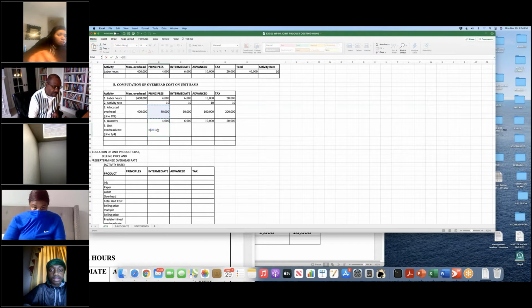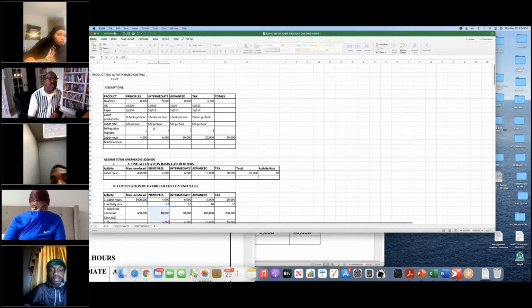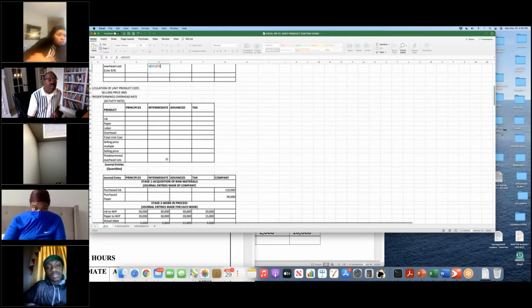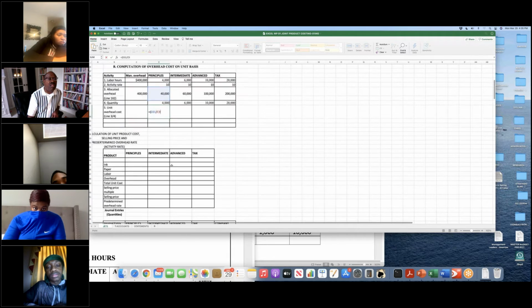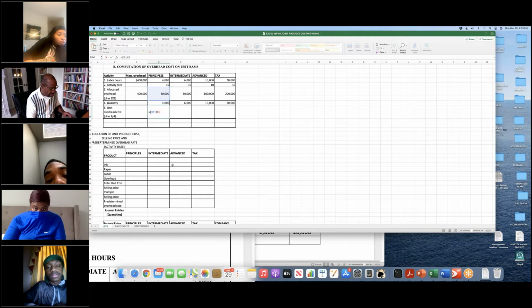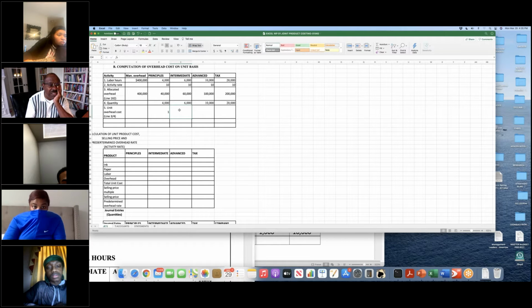I need to slash, then go up to the top and get the 4,000. Wait a minute, the quantity here for principles. Put a parentheses here. That did not do what I wanted to do.